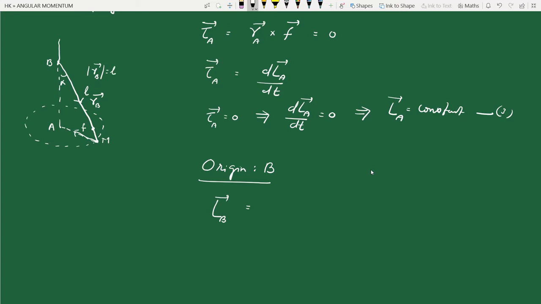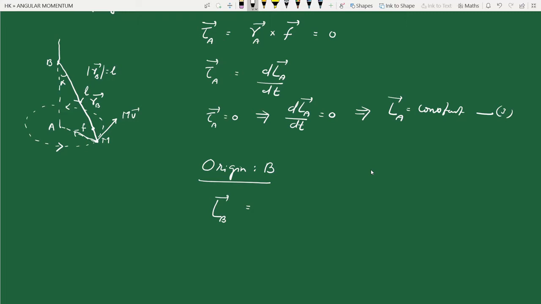In the previous figure I have shown that the direction of linear momentum is in the anti-clockwise direction, this rotation. So the direction of linear momentum is like this. So this is RB cross mV, and in this particular geometry RB and mV are perpendicular to each other.